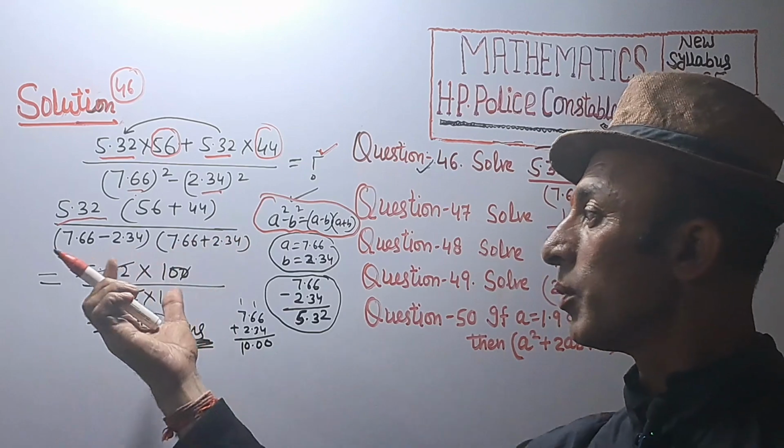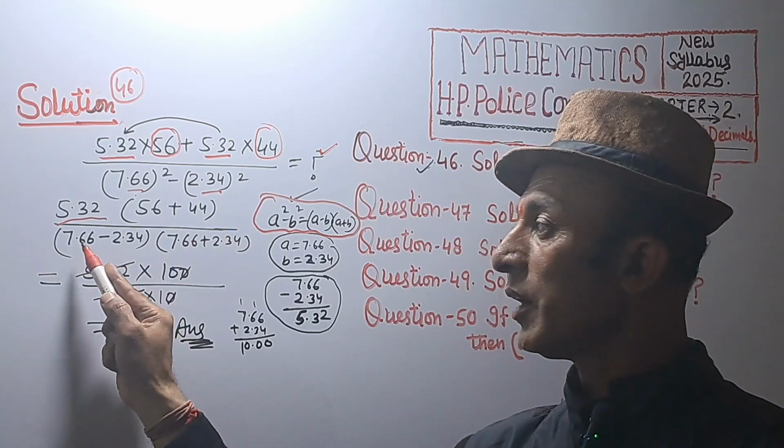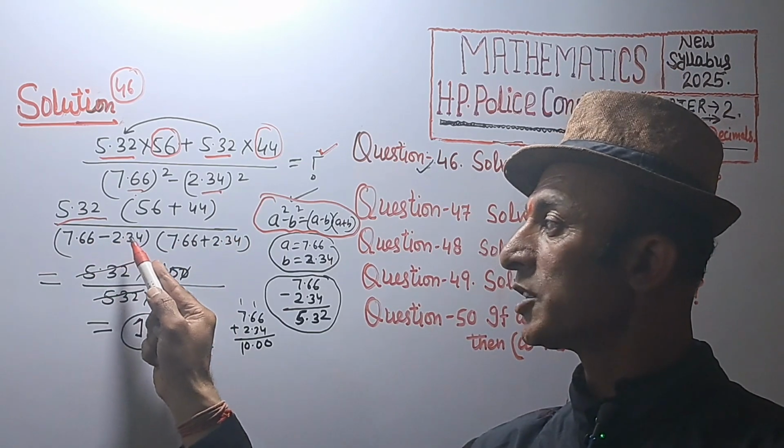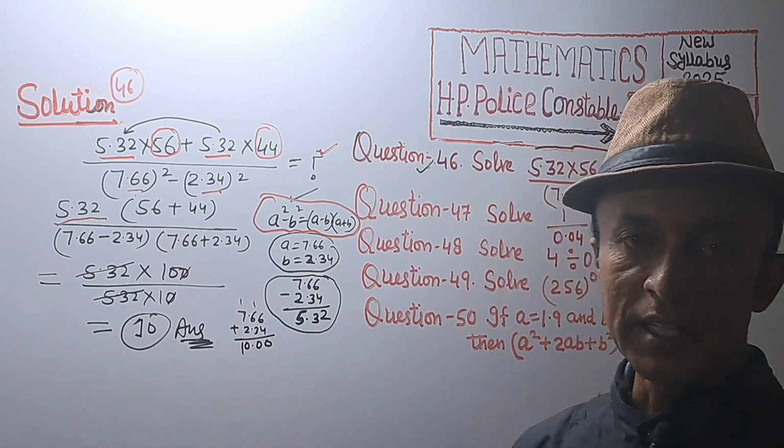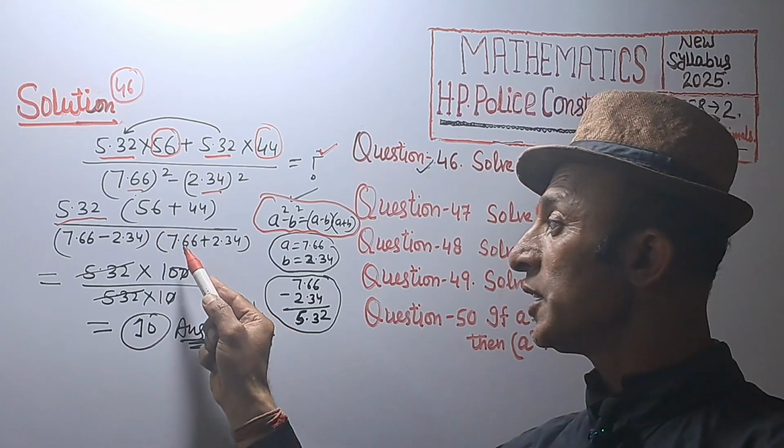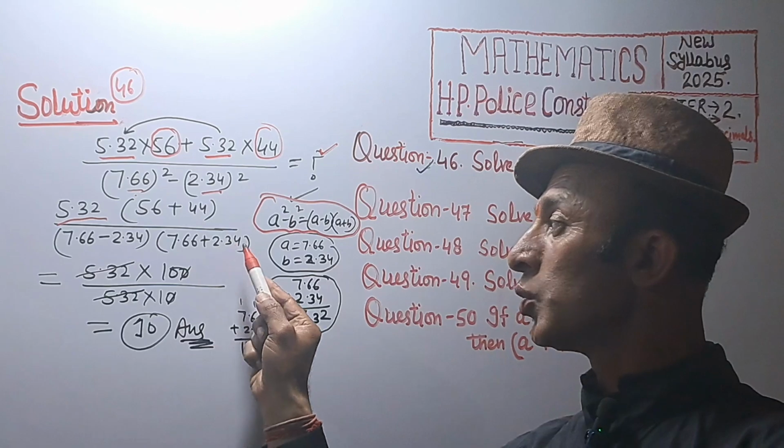We are using the formula a minus b, that is 7.66 minus 2.34, and a plus b is 7.66 plus 2.34.